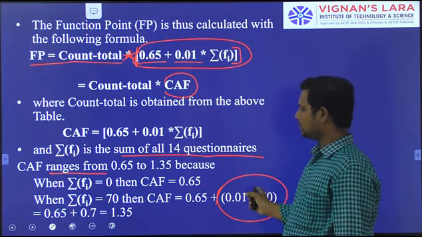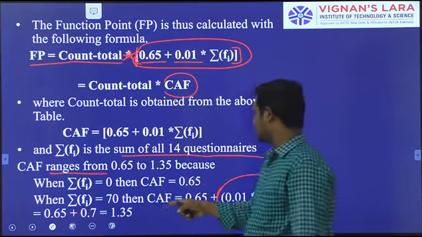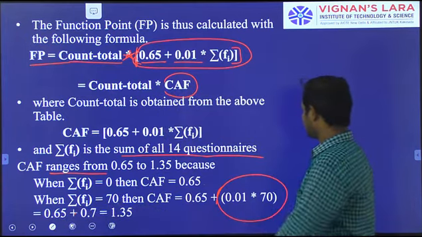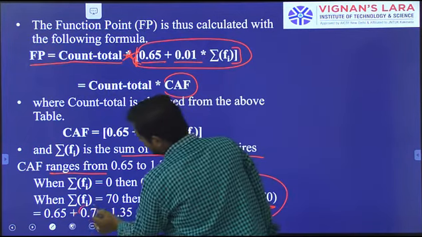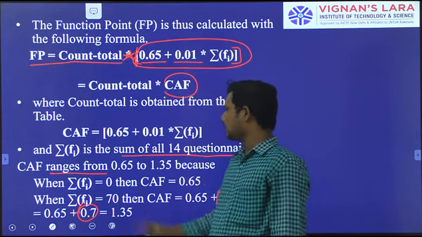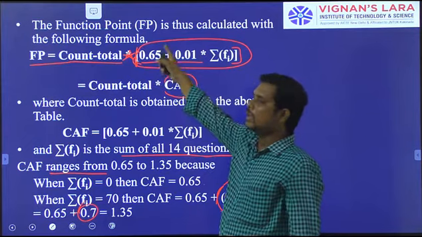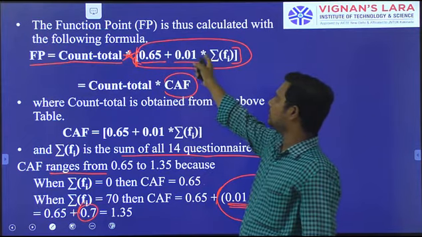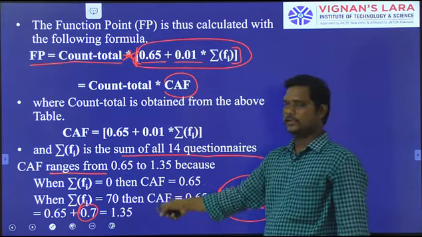So that's why we are calculating 0.65 plus 0.7, because both are multiplied, and we are getting this result. After that we get 1.35. Actually these are the ranges we are taking. Why are we writing 0.65 and 0.01? This is the range we are giving.